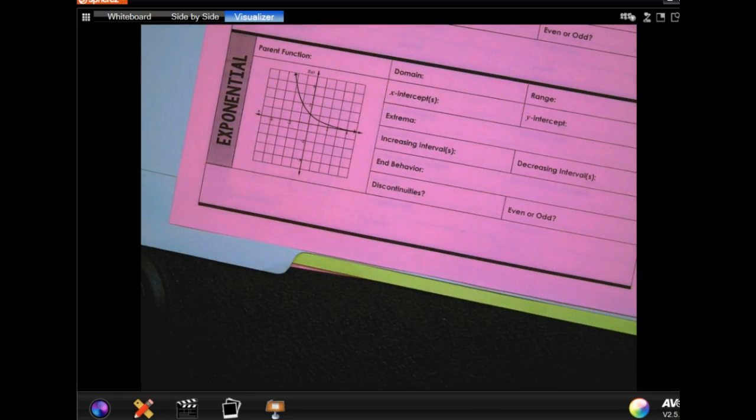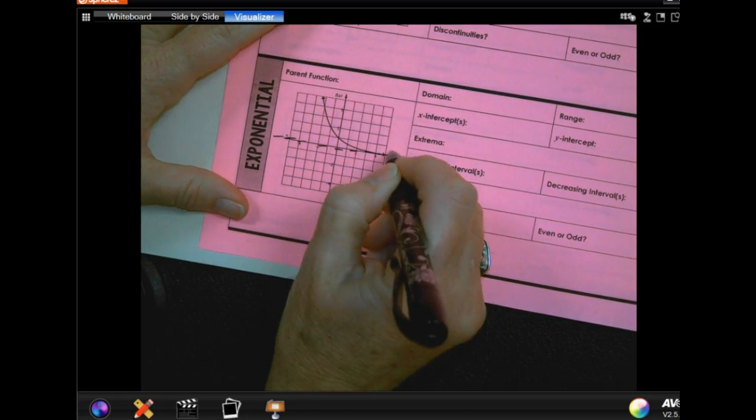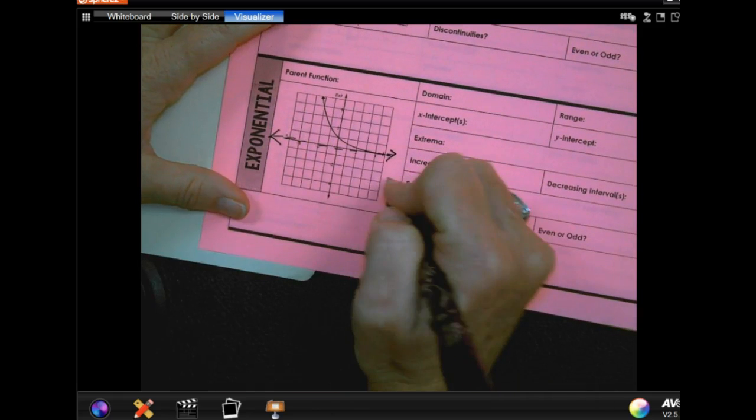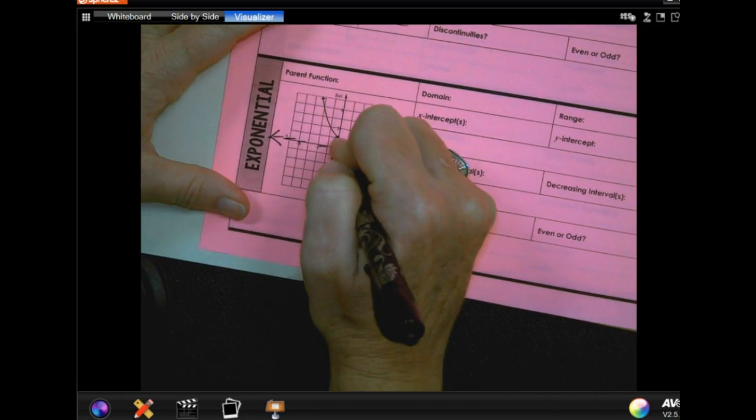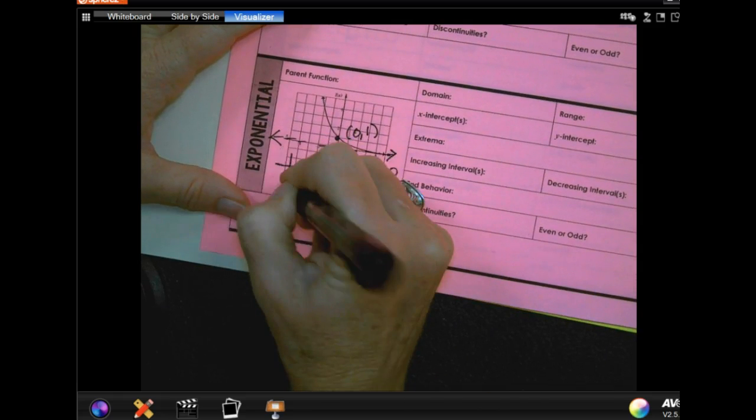So the last one we're going to do is the exponential decay. So this has an asymptote at y equals 0. It still has this point, and that would be our graphing point.